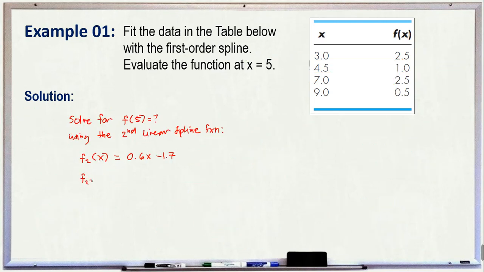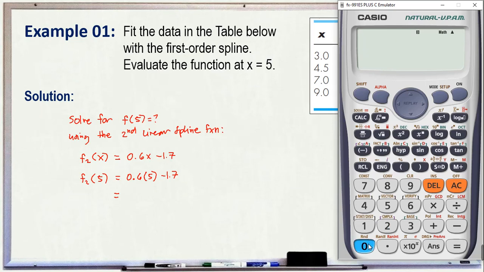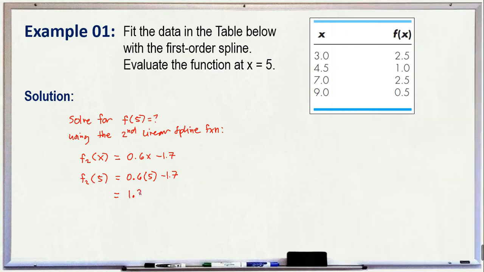So f2 of 5 is equal to 0.6 times 5 minus 1.7. So what would be the result? We have 0.6 times 5 minus 1.7. The result is 1.3. Sakto ba dira sa inyong calculator? Okay.